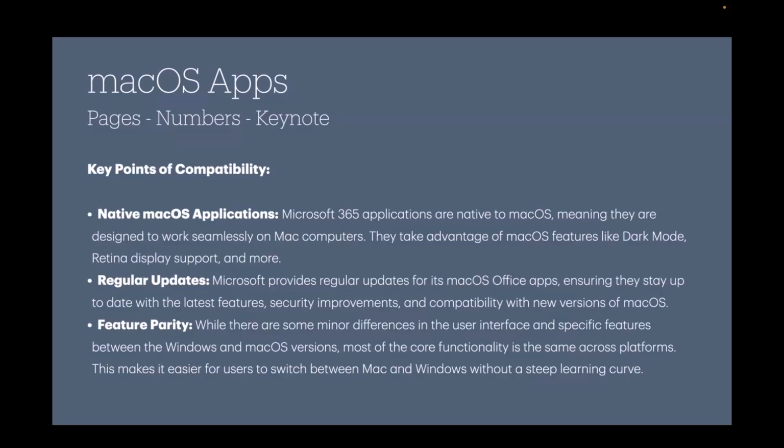It also features parity; there are some minor differences in the user interface and specific features between Windows and macOS versions. Most of the core functionality is the same across platforms. This makes it easier for users to switch between Mac and Windows without a steep learning curve.